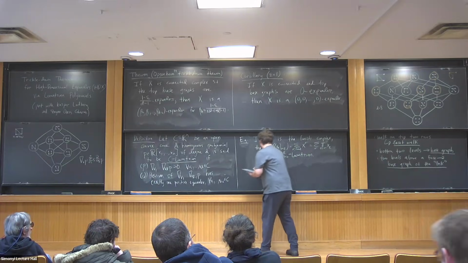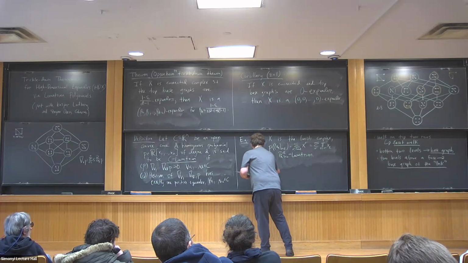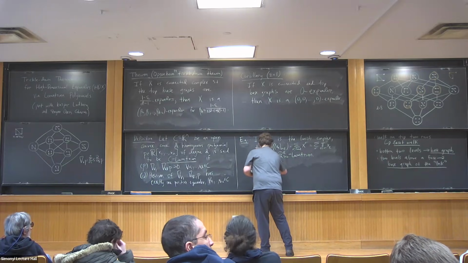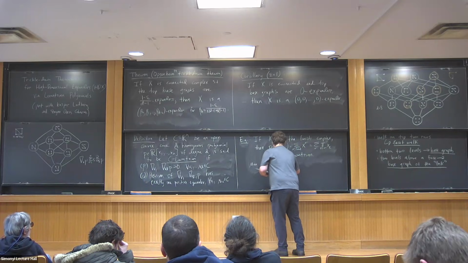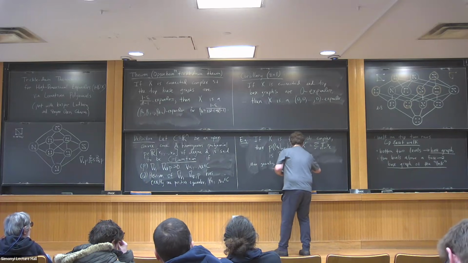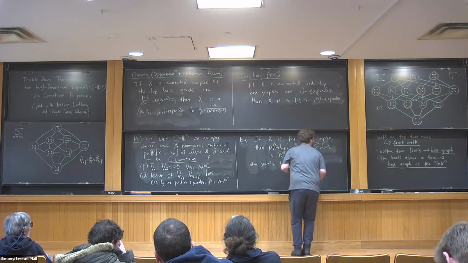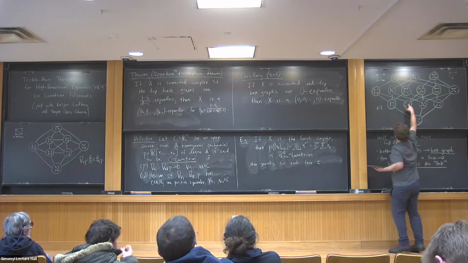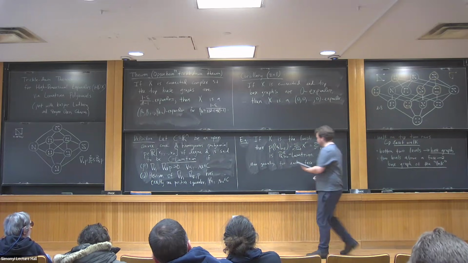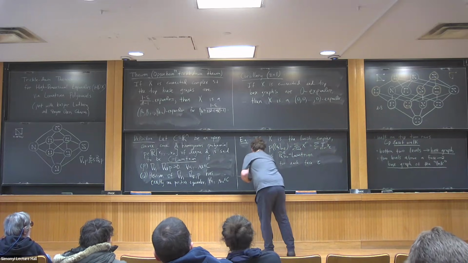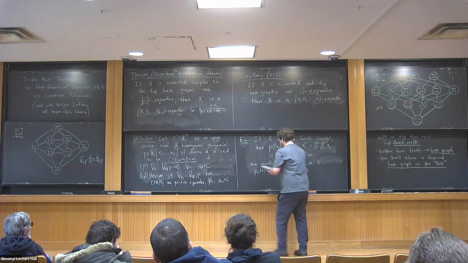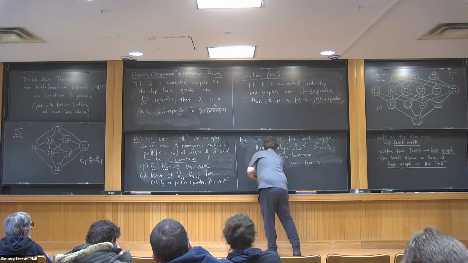Okay, and also more generally, for each face, let's say tau, so I'm now picking one of these faces, we can also define a polynomial based on tau with the same variables.